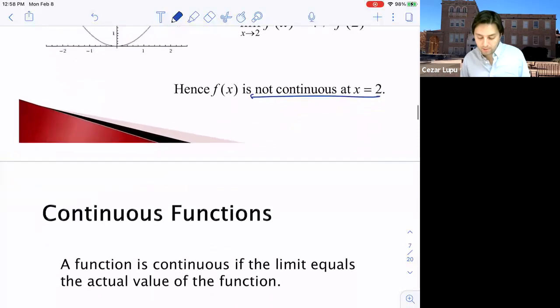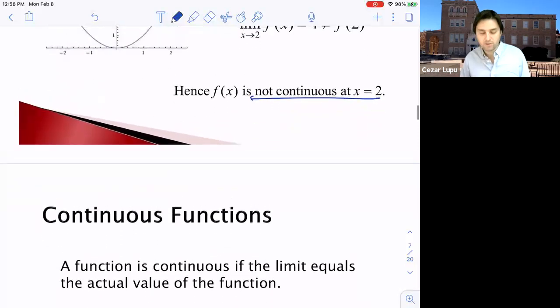Now let's talk more about continuous functions. This is very, very important, and I think this will make the picture even clearer. We say that a function is continuous if the limit equals the actual value of the function.